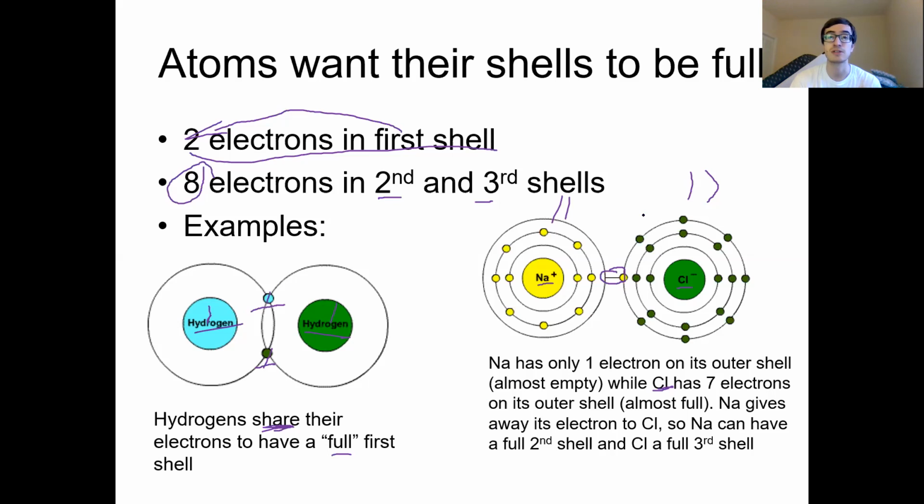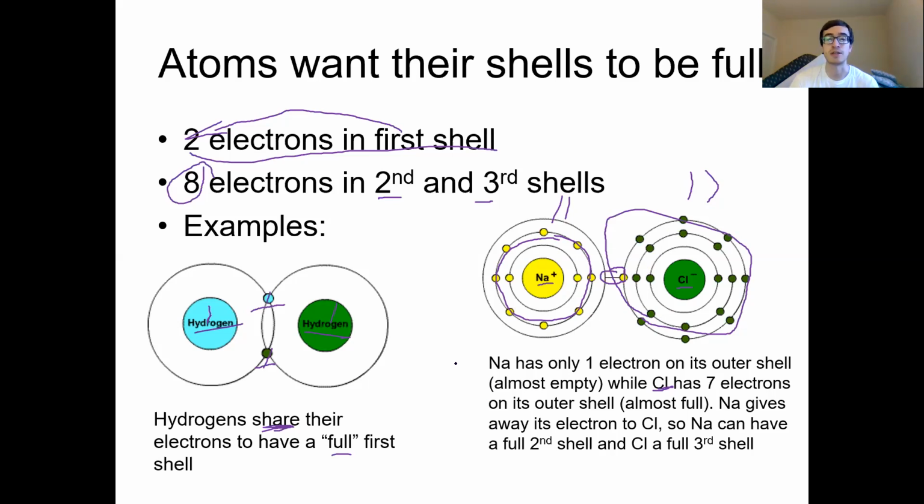So this makes sodium and chlorine very likely to react with other atoms so that they can either get rid of that electron by sharing it with the other atom, so that now sodium feels like it has a full second shell, and chlorine will accept that electron from sodium so it can feel like it has a full outer third shell.